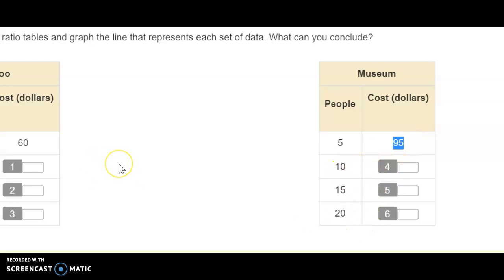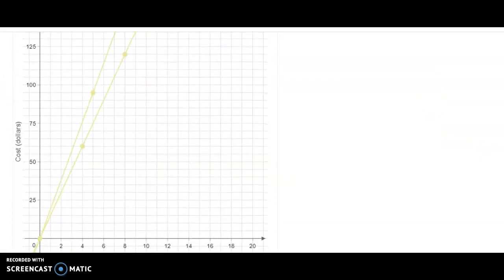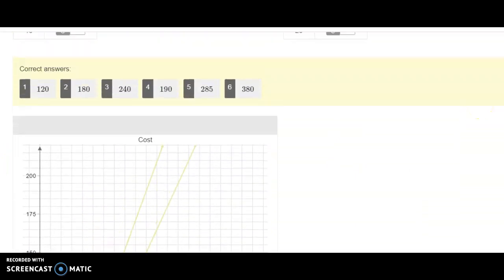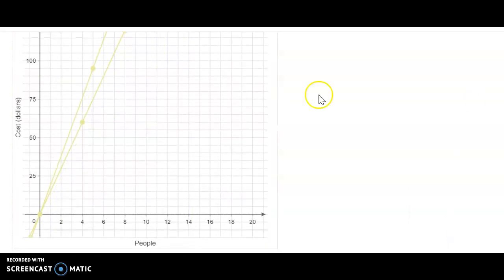You guys have got this. It's a little math, but you got it. Now here you just have to graph it. You're going to graph how many for the first one. Is the museum or is it the zoo? The zoo first, and then you're going to do the museum.